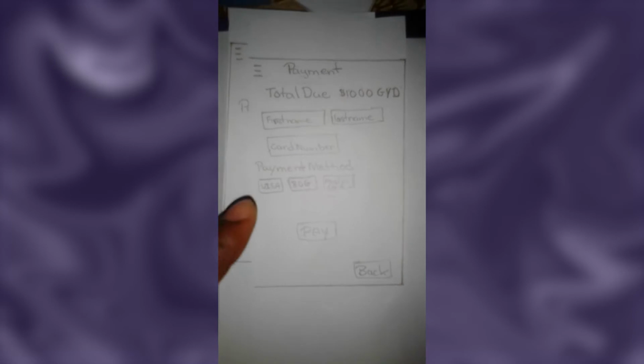Pay, and then we will be sent to the payment page where the person puts in their name and various other information, selects which card they want to pay with, and pays. Then they are greeted with payment complete.